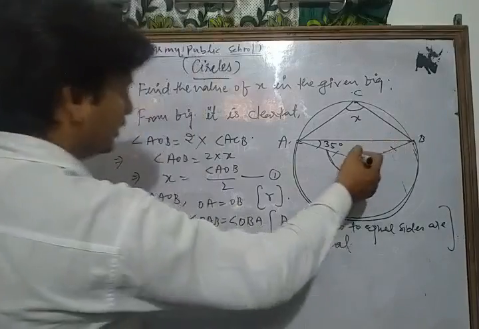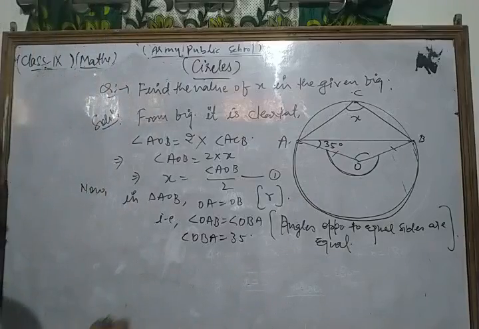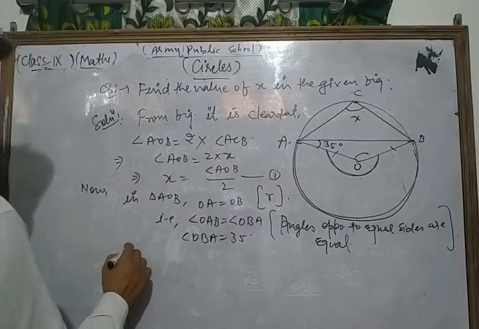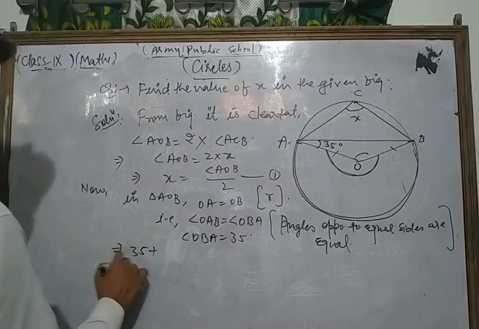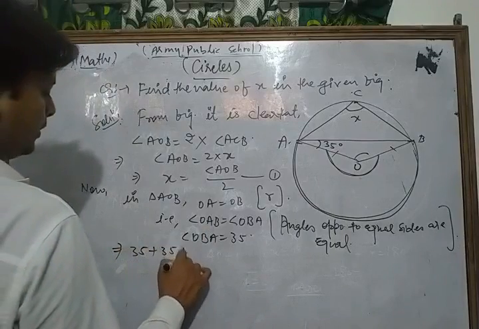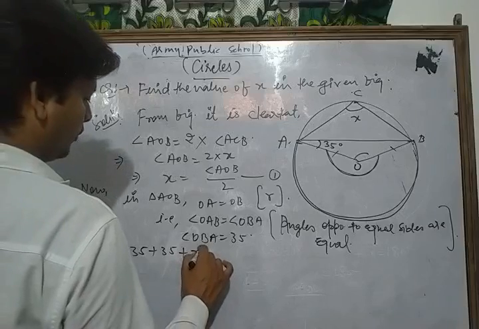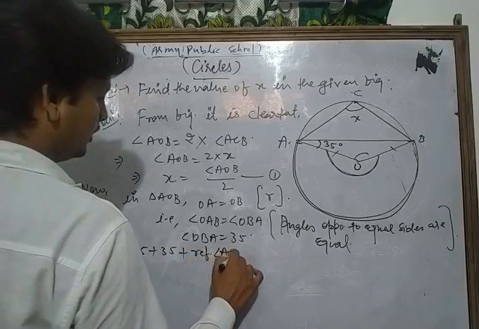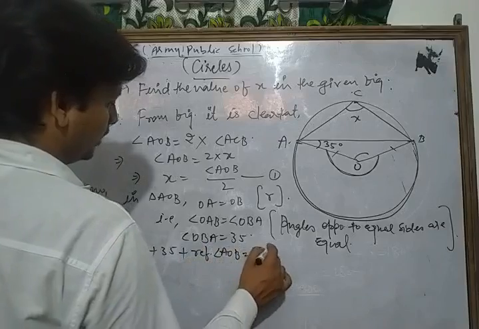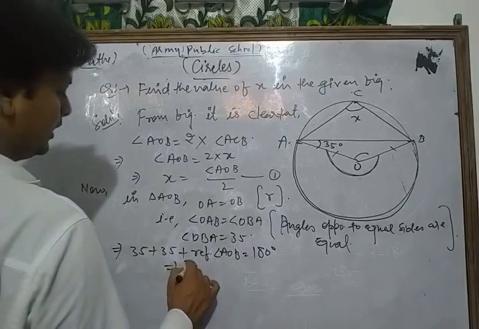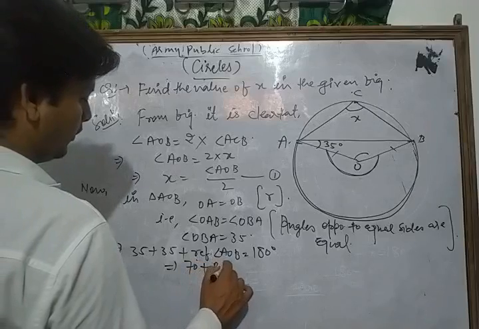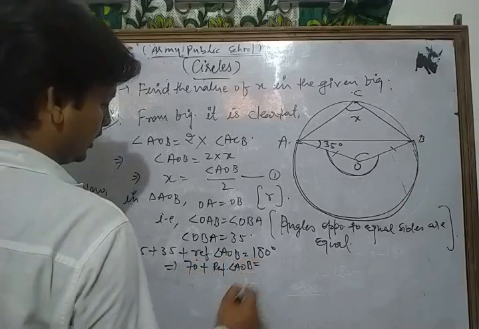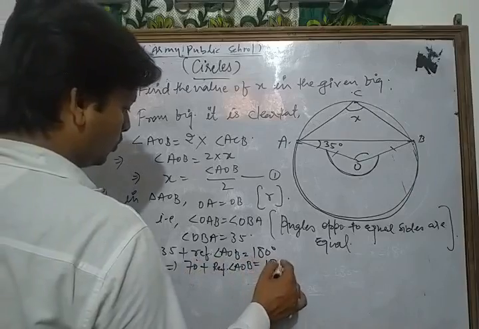Now in that triangle we apply the angle sum property. So this is 35 plus 35, that is 70, plus angle AOB is equal to 180 degrees.